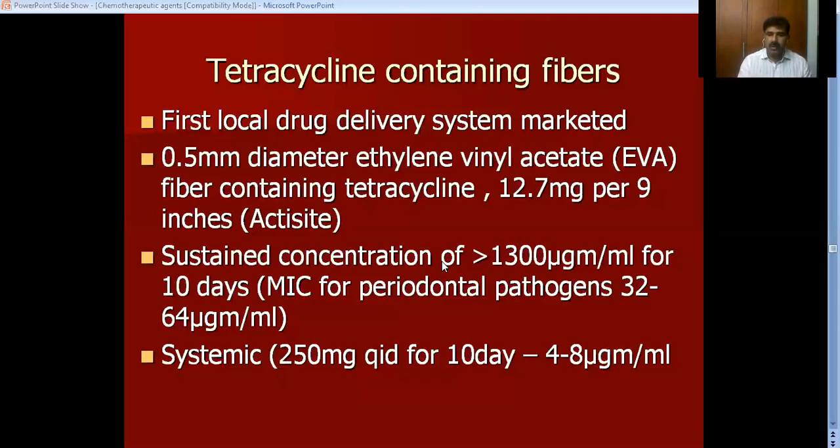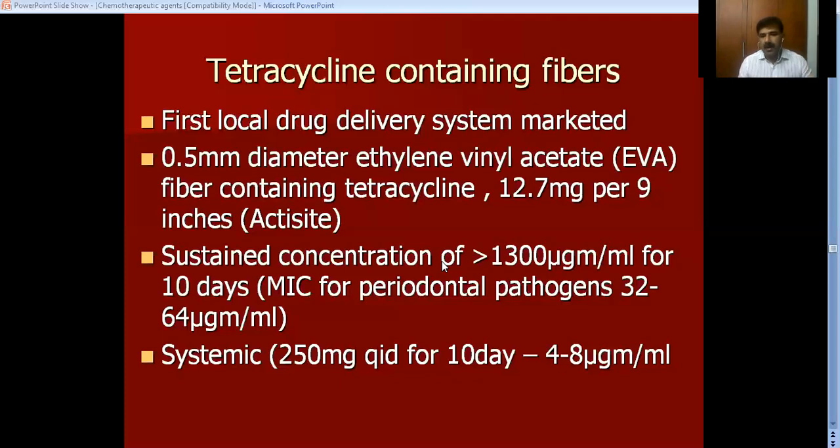Just before you take an impression for a crown or bridge, after you have prepared it, you put the cord within the gingival sulcus for a period of time. Then you take it out so that the gingiva retracts a little bit, and you take an impression. Similar to that, you have threads into which this drug is incorporated. Such a system is known as a tetracycline-containing fiber.